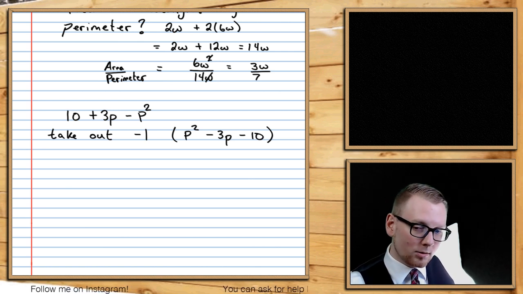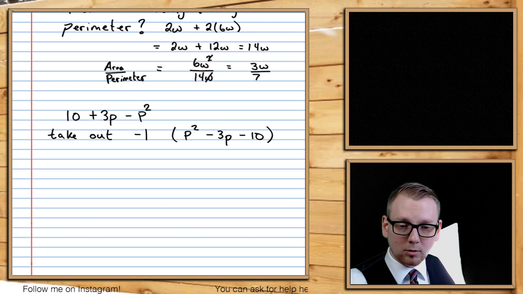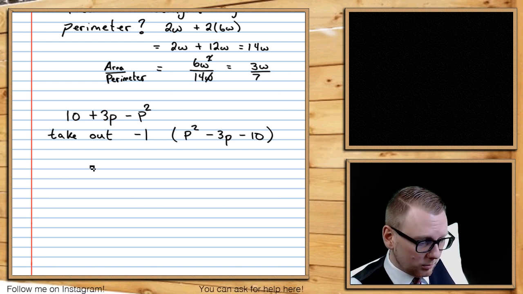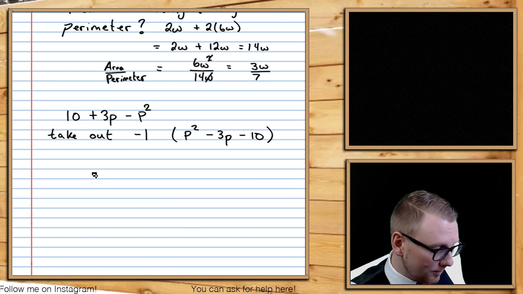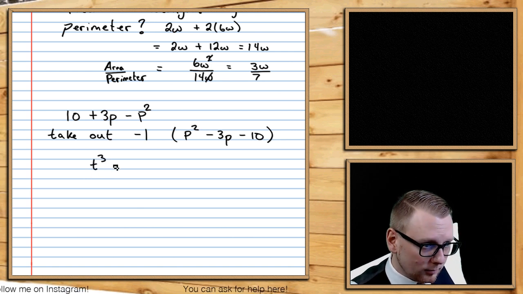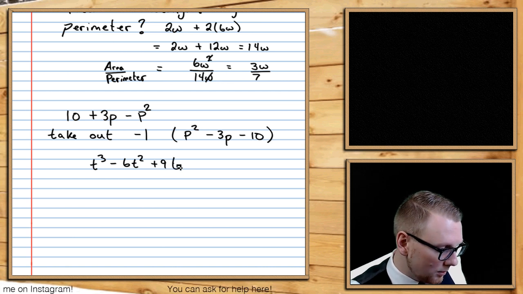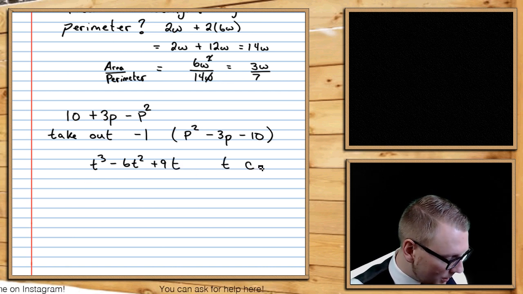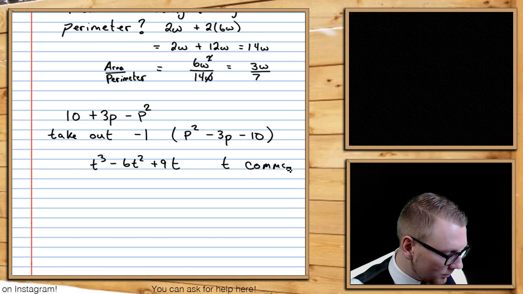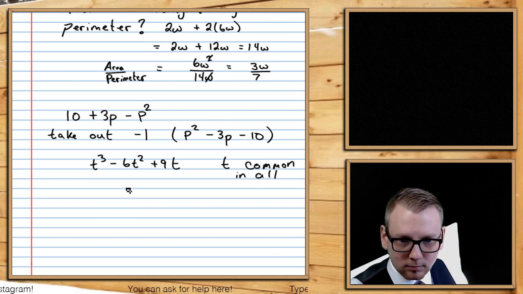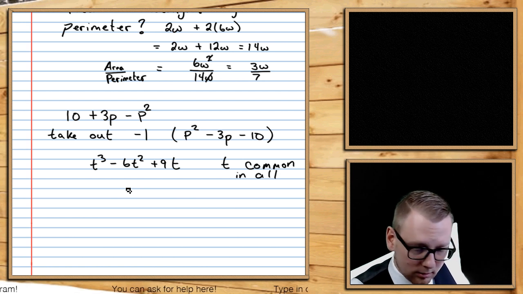Yeah, if there's a greatest common factor in it, you actually always take it out first. So like we did with the t cubed one, so t cubed minus 6t squared plus 9t, we had a t common in all of it. So we took it out first. Yeah, unless it gets canceled out.